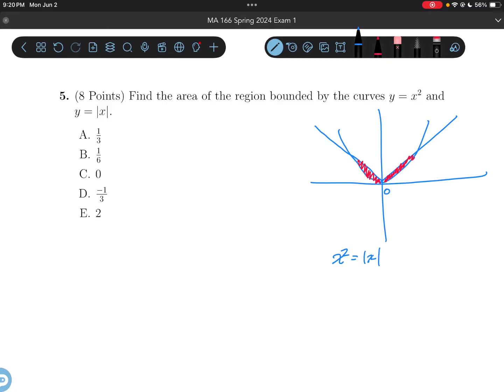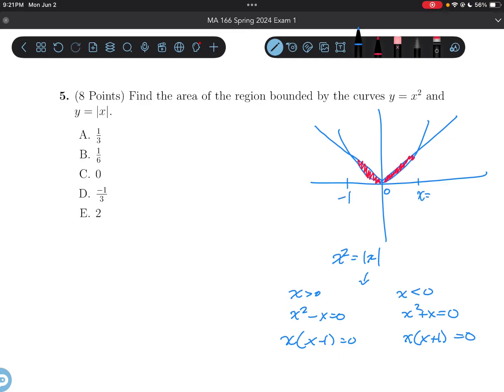That gives us two equations. For x greater than 0, we have x squared minus x equals 0. And for x less than 0, we have x squared plus x equals 0. And then if we factor this, okay, our three solutions are x equals 0, x equals 1, and x equals -1.